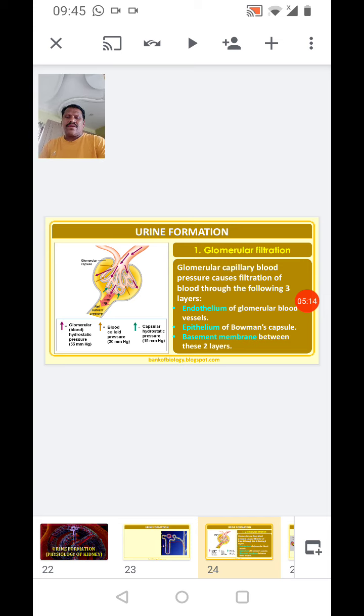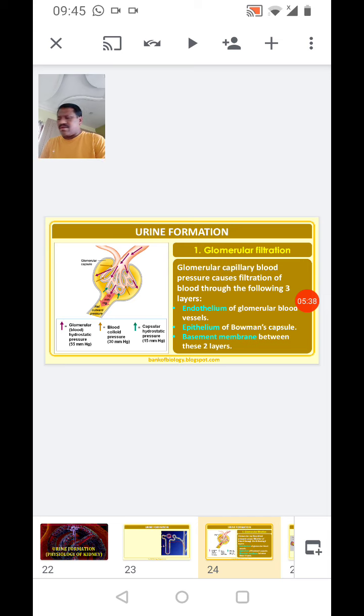This process occurs passively. That means energy is not utilized. But for the filtration of the blood, pressures play an important role. Here three pressures play an important role.